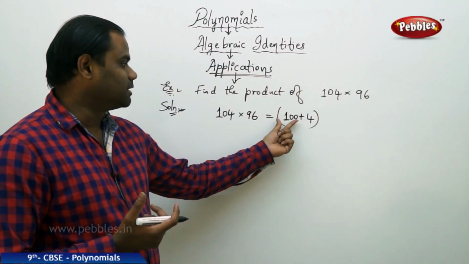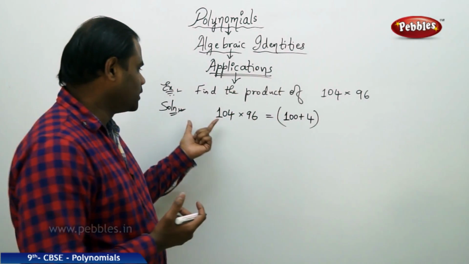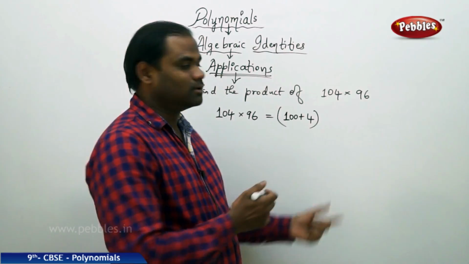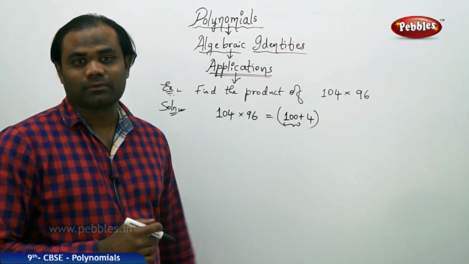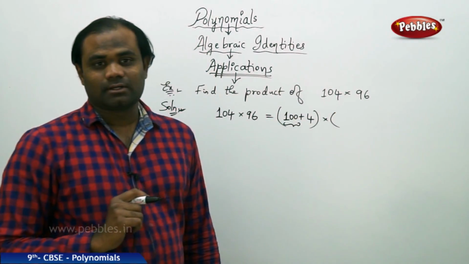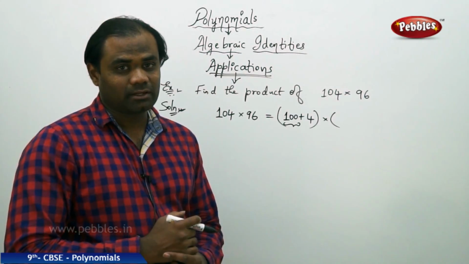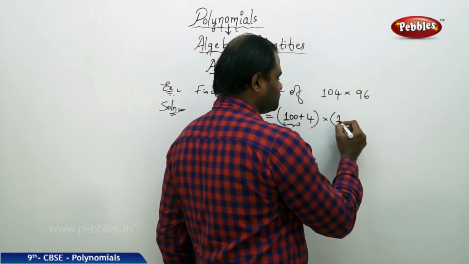So the standard base here being 100 is taken for 104, so that 104 is written as 100 + 4. This stands as the standard fixed number taken out here. Similarly, 96, if I express through the standard form, I can write it as 100 − 4.